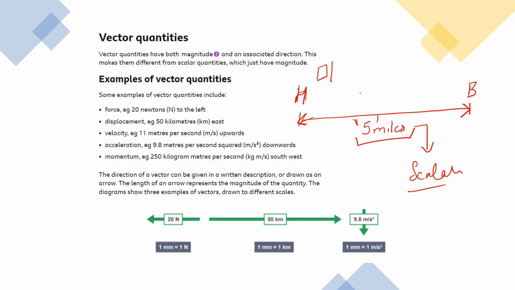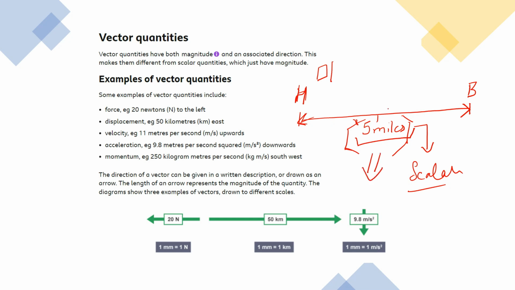Now when you add this direction to your distance, then your quantity becomes a vector quantity. Up to this 5 miles it was pretty straightforward, meaning you were understanding a scalar quantity.